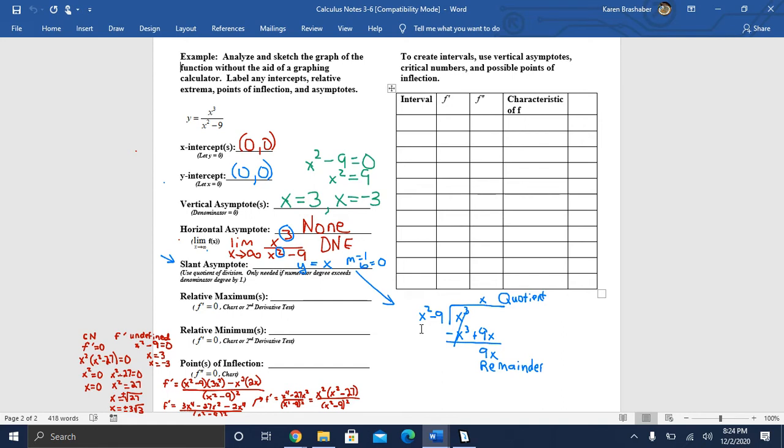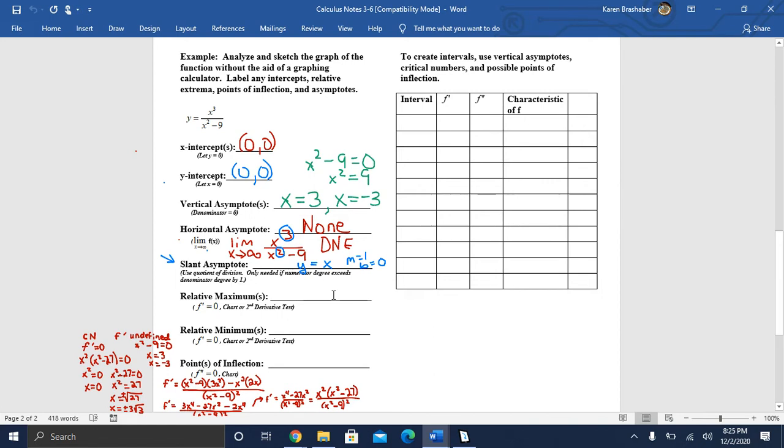So now I'm going to switch and start working on the second derivative. So I'm going to erase the work that I had for the slant asymptote and start working on your second derivative.